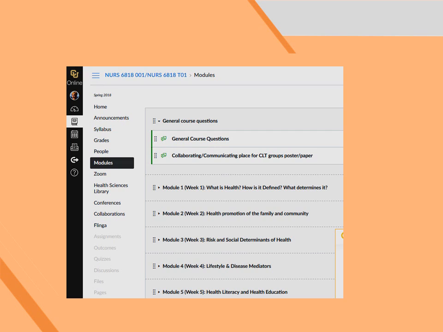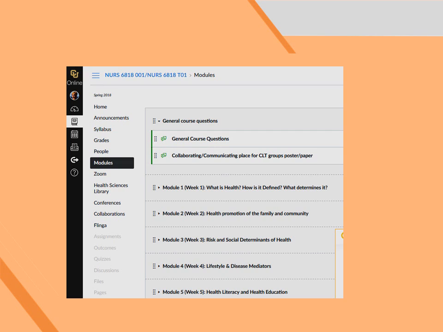I've added a page that opened up this morning, and this is for your CLT poster paper that you are doing as your group. When you first open your modules page, this is located at the very top of your modules page, and this is a discussion for you to engage in with the colleagues in your CLT to discuss how you would like to facilitate doing this project.